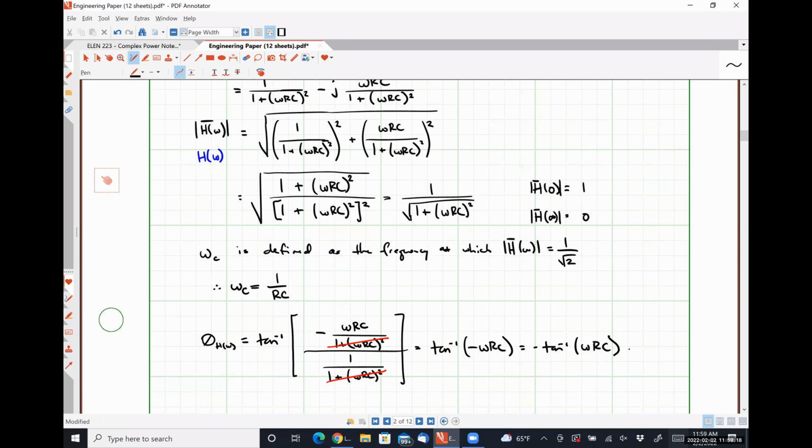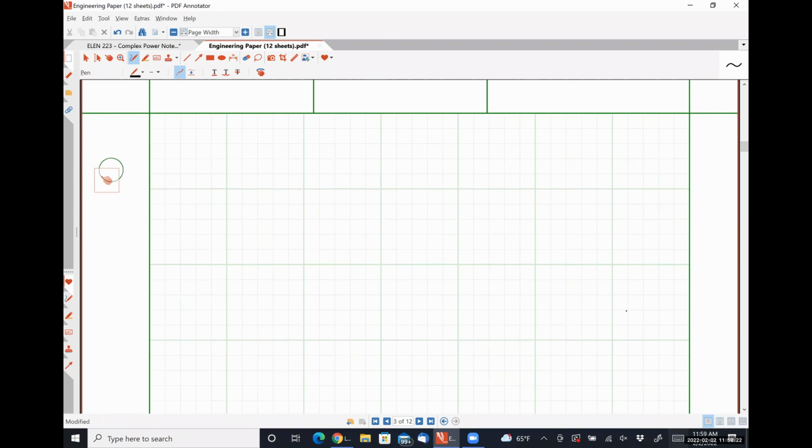So if we were to plot this, the magnitude and the phase response, it would look something like this.